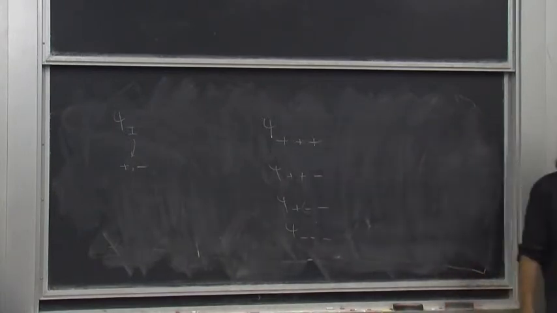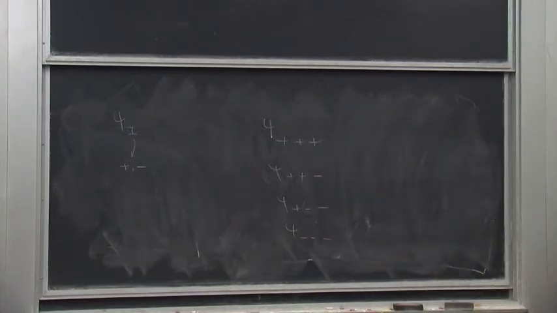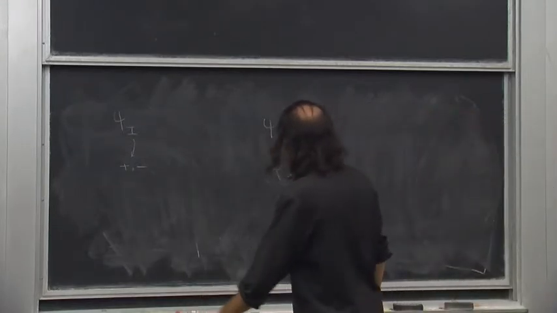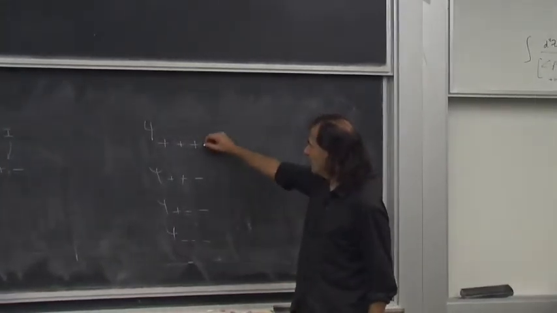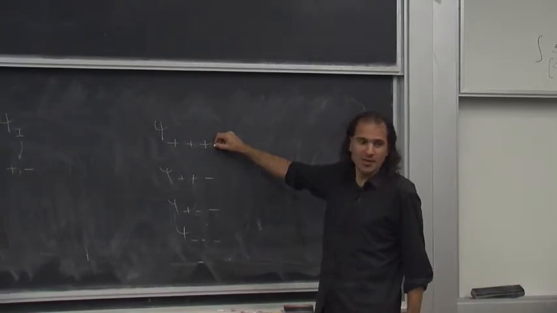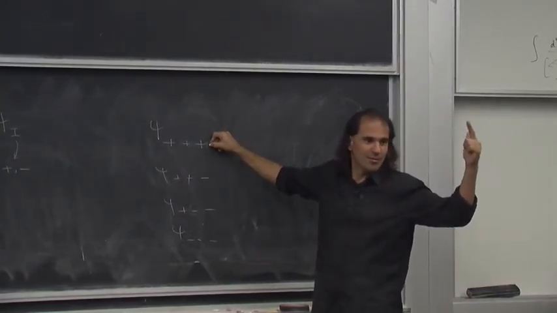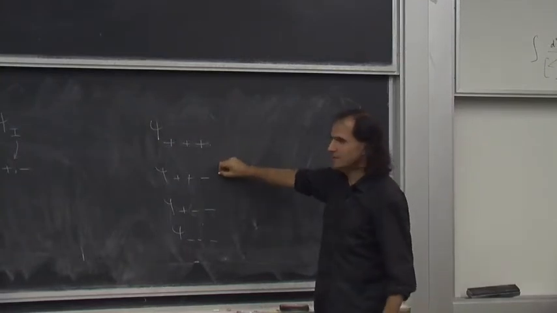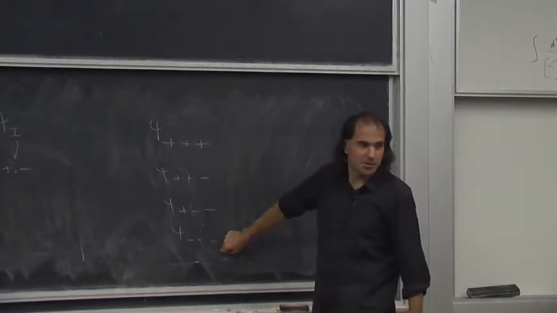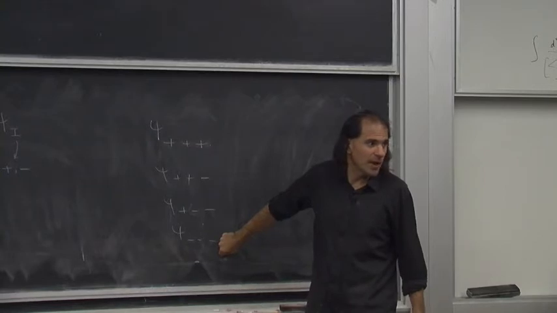The fact that it's symmetrized means that you don't have to say where the location is. It's just specified by saying how many are plus and how many are minus, exactly as you would expect. And so you can think about this all plus component as being the top spin component in a given direction. This is the next one down, the next one down, and the bottom spin component. Is that clear?